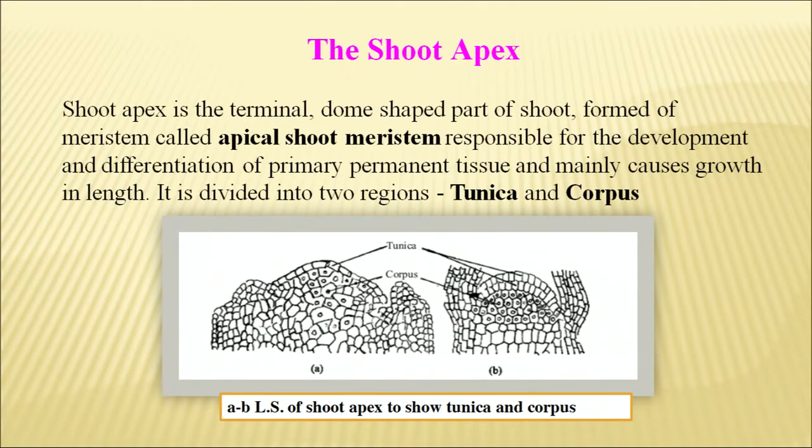It is divided into two regions as you can see in the diagram. The upper outer layer is called tunica. Tunica means the covering, the protection, and the corpus, which is the fast dividing tissue below the tunica. All right.